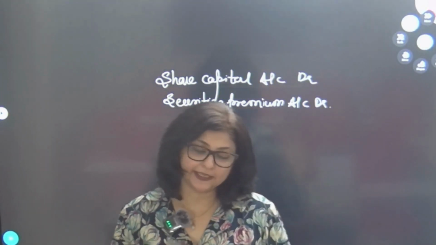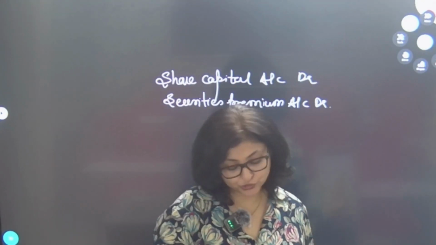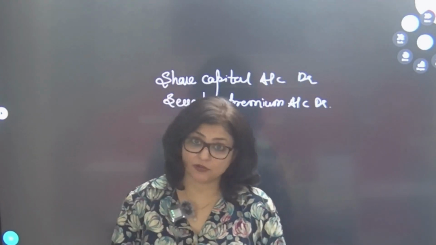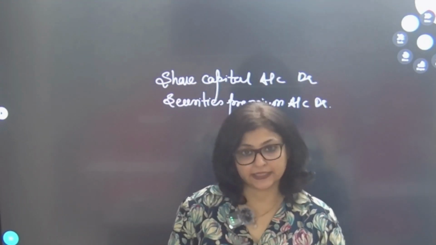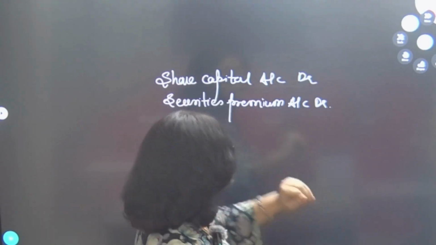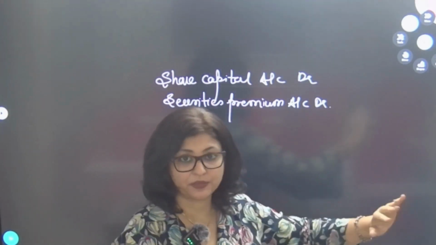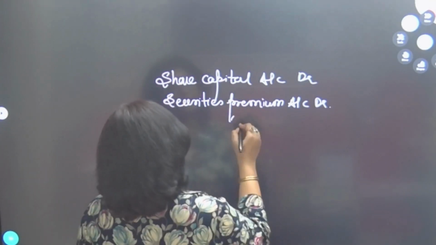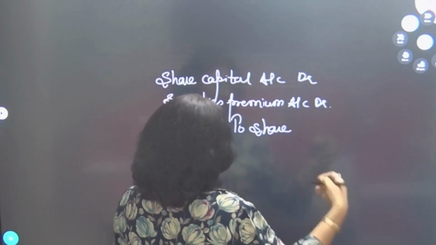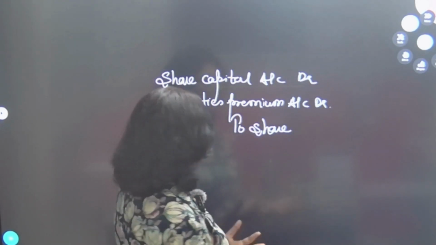Now you may think, what if the share is being issued at premium but the shareholder has paid the premium? Yes, there is a possibility of this scenario that the shareholder has paid the premium. If the shareholder has paid the premium, then we are not going to write SP on debit. On credit, we will write same way as we had written in the entries when the shares are being issued at par.